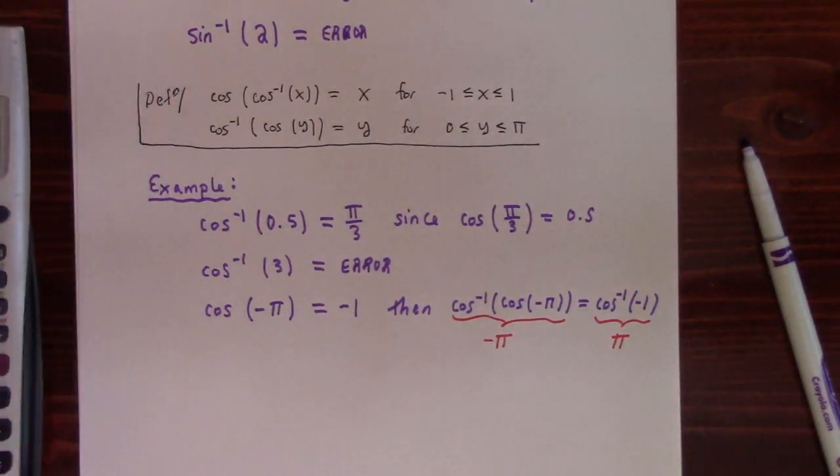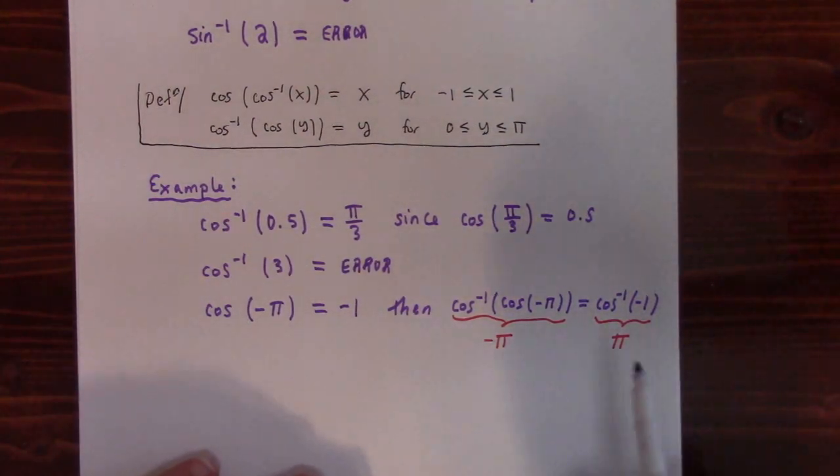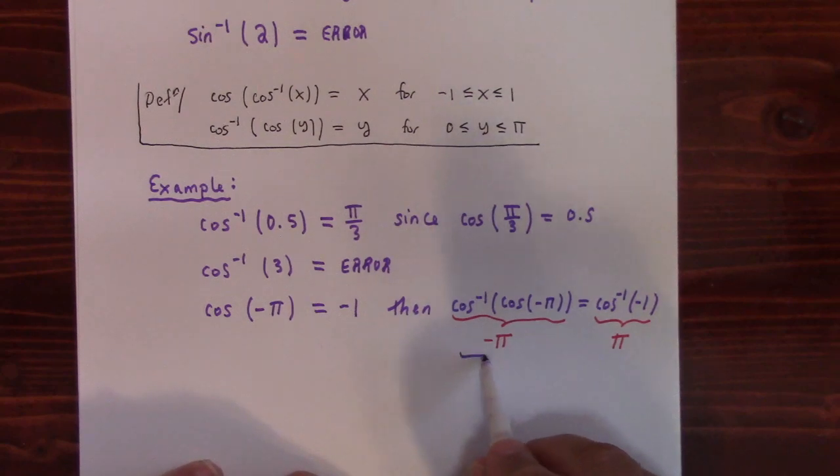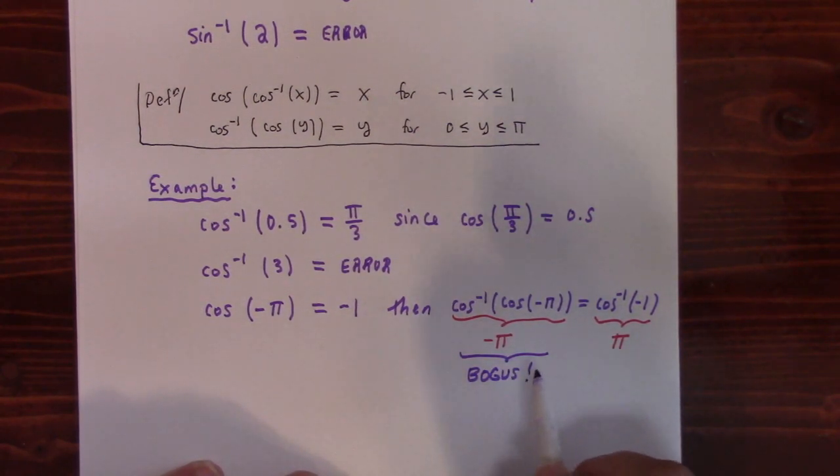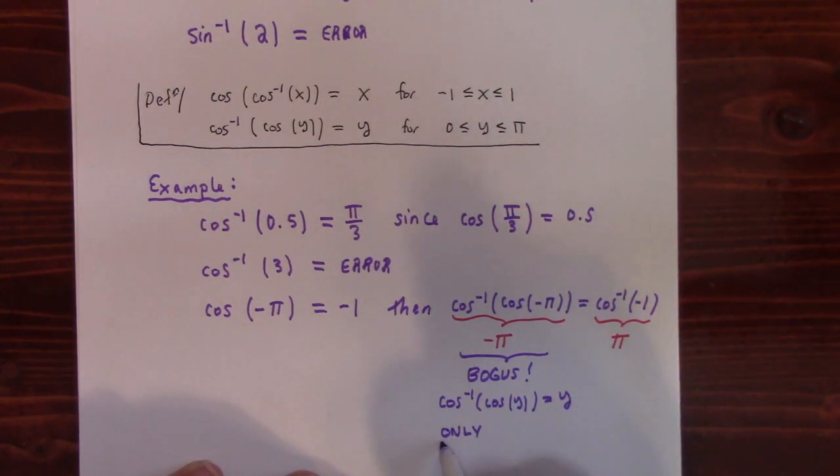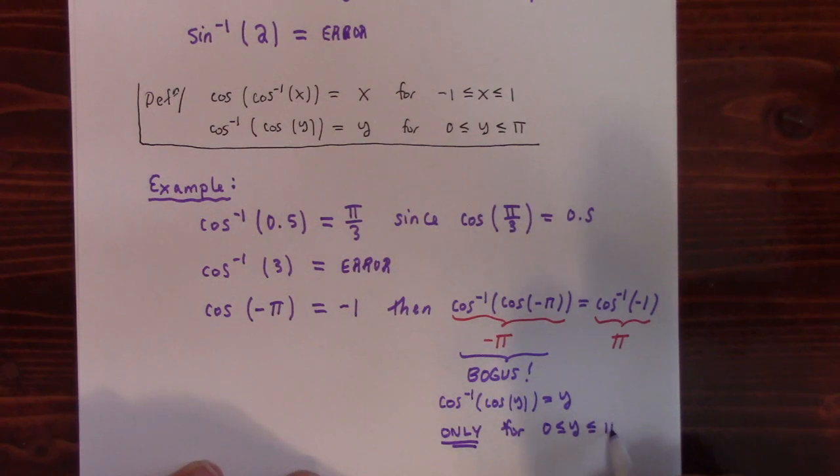Well, the answer is that this simplification is bogus. I'm not following the rules. Keep in mind that the inverse cosine of cosine of y is equal to y again only for 0 less than or equal to y less than or equal to pi.